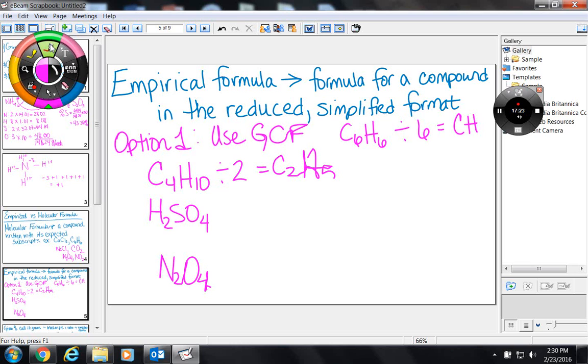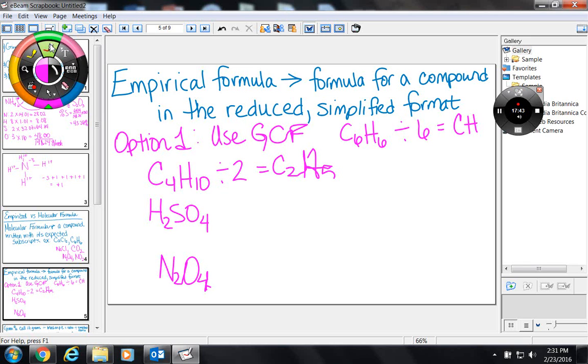H2SO4. The greatest common factor is 1. Okay, what's your question, Sam? SO4 is sulfate, so that's a polyatomic ion.